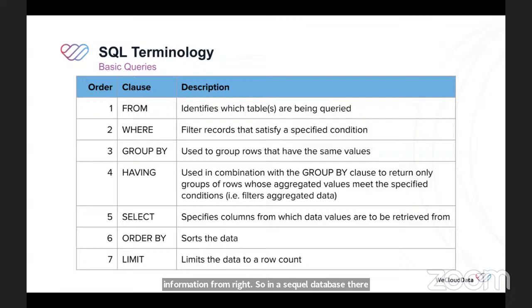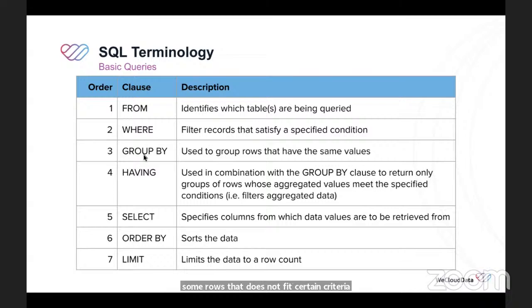So the first thing that your SQL query identifies is where is the information coming from. Okay? Then it has a where statement to filter out your records. So where is more of a row-wise reduction. So instead of reading the entire table, it eliminates some rows that do not fit certain criteria.